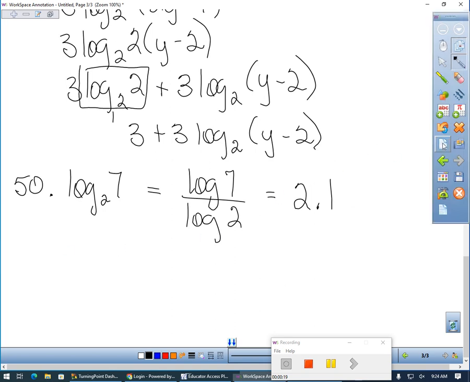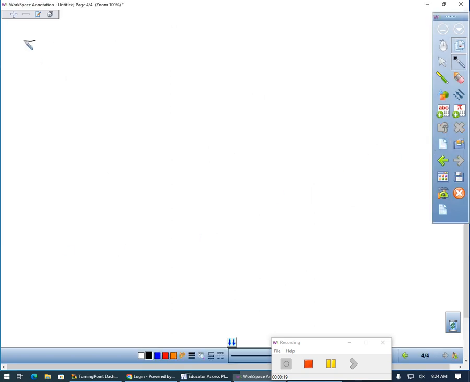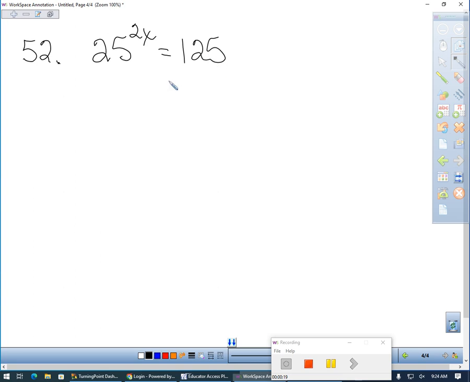All right, moving to number 52. This is where we get to start solving. Number 52, we start off with 25 to the 2x equals 125. If we get the same base here in order to solve, 25 is actually 5 squared times your exponent that's already there.